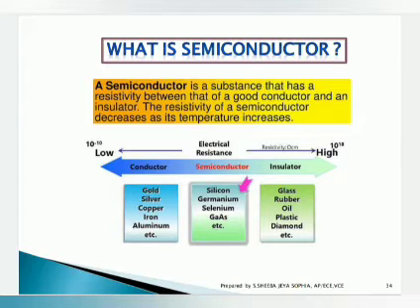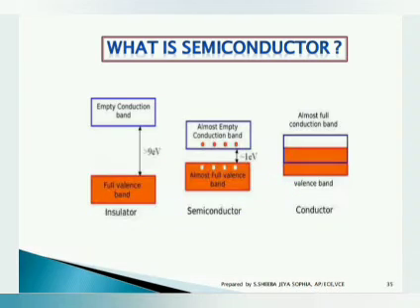So what does this semiconductor really mean? It has a character lying between the conductor and insulator based on the energy band. The energy band gap is the gap between the valence band and conduction band of the material.